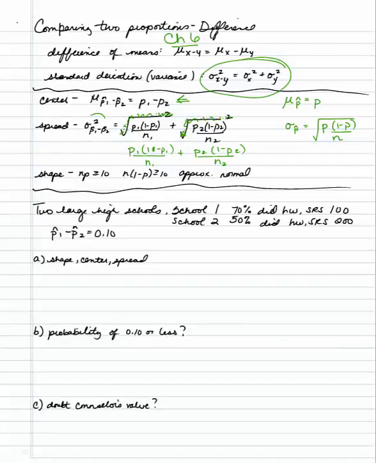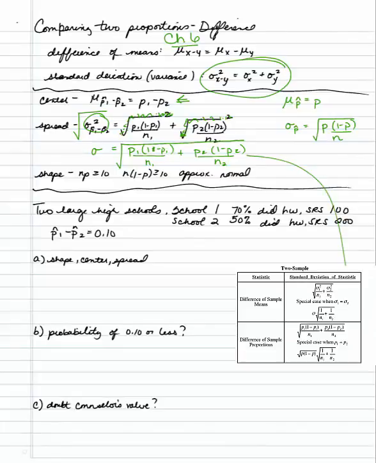But in order to get this variance to be the standard deviation, you've got to square root this side, and to get the standard deviation, you also have to square root the other side. This formula is on the bottom corner of your sheet, and that's a picture of your formula sheet so that you're more comfortable with it. It's right on your formula sheet. You don't have to memorize it.